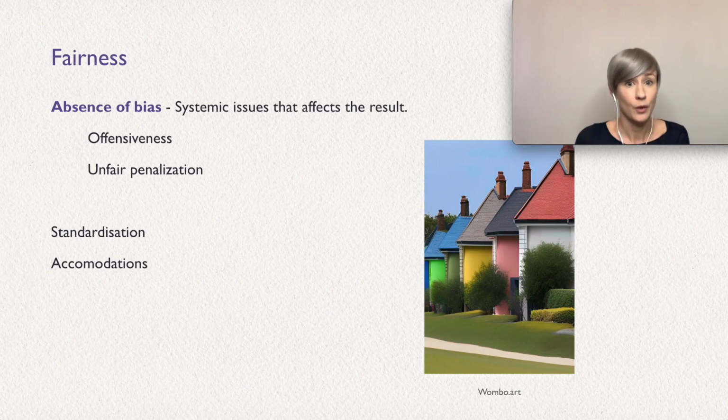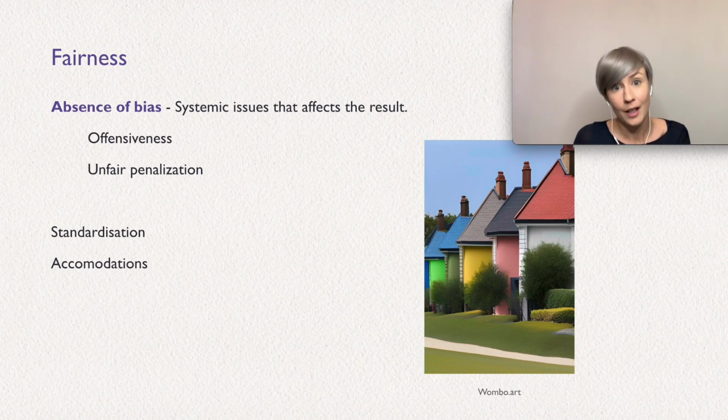You have offensiveness, and that occurs when negative stereotypes of a certain subgroup are presented in a test. This can distract students. Then you have unfair penalization, and that occurs when a student's test performance is distorted because the content of a test disadvantages a student because of their group membership. The content of a test does not give all students an equal chance to perform well.